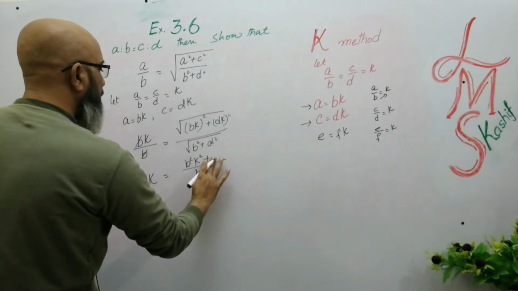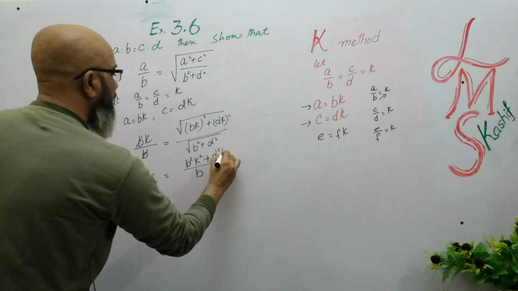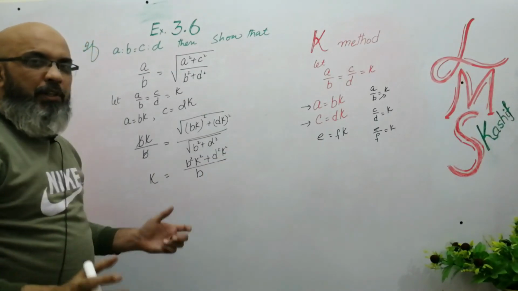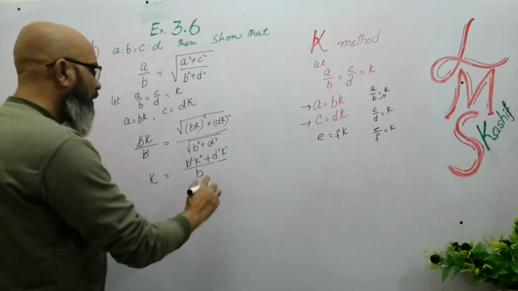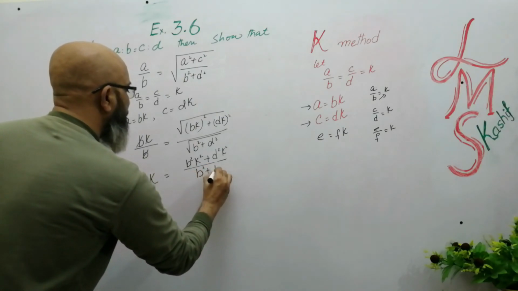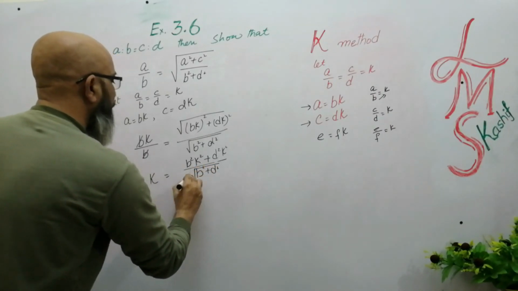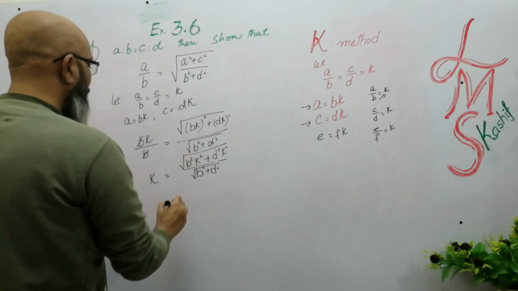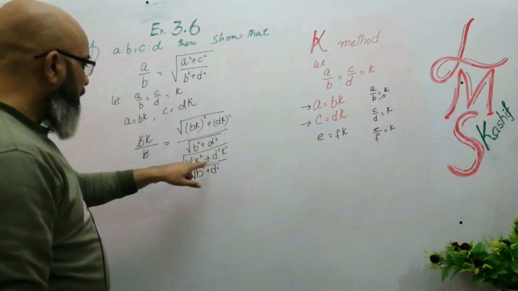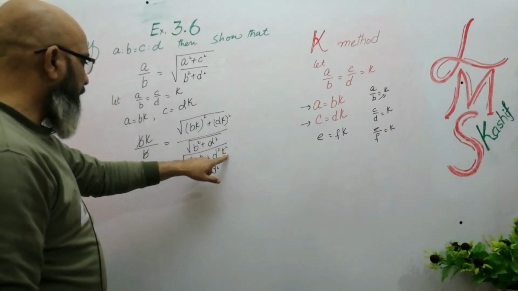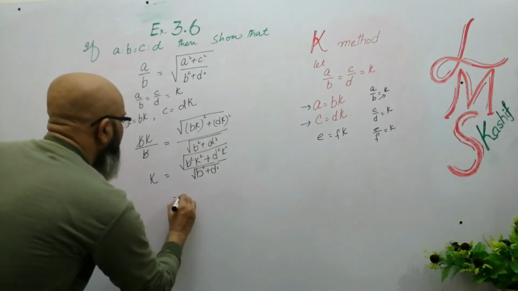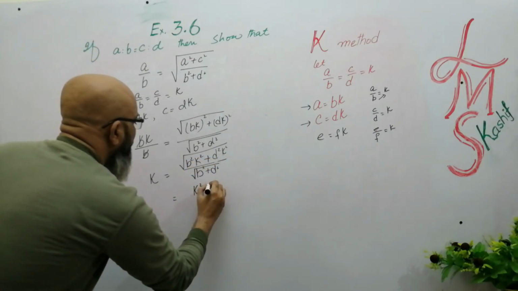So it comes d square k square. Mistake can happen to anyone. So b square plus d square, square root. So now what is common here? b square k square is common. What we get now?